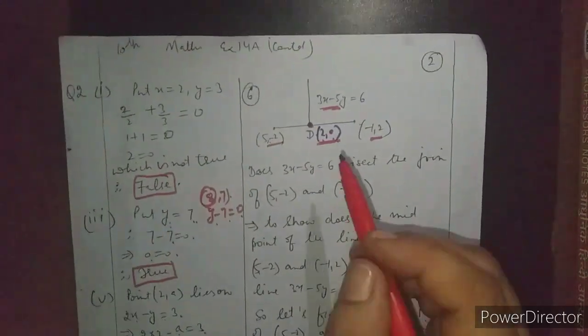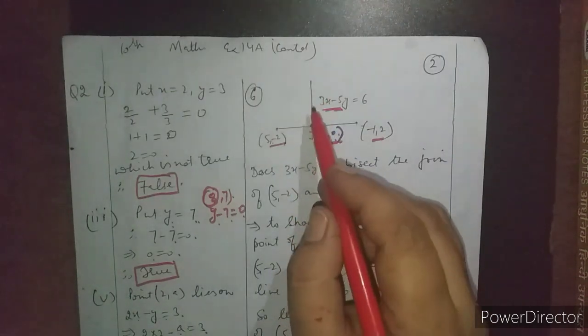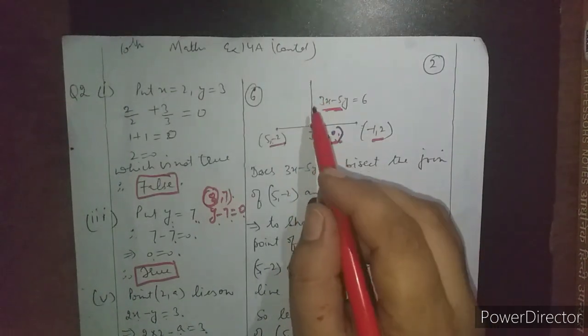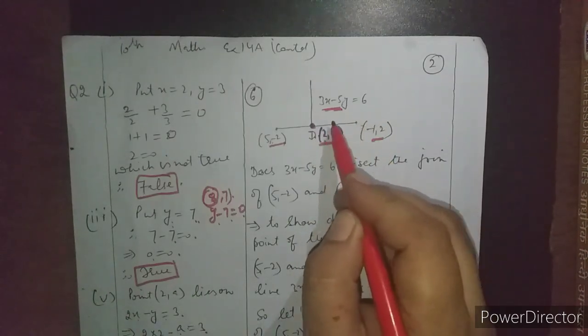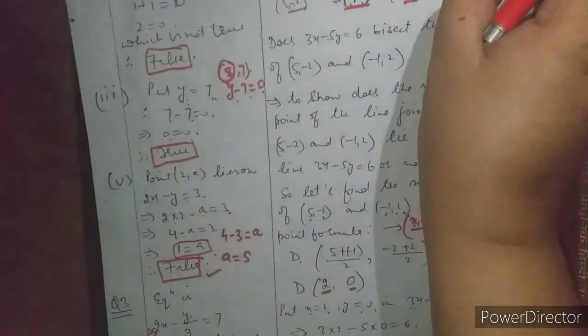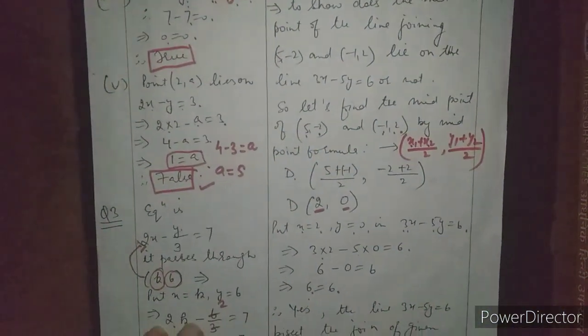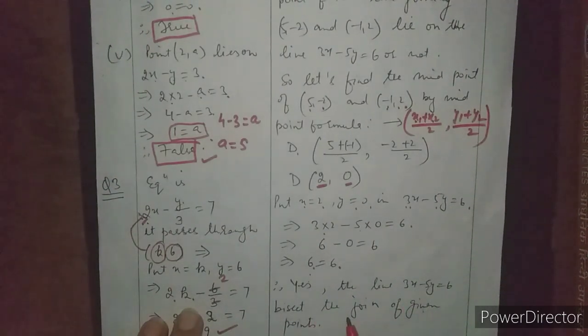It means that the midpoint 2 0 lies on this line, or what does it mean? That the line 3x minus 5y equal to 6 bisects the join of this point and this point. So this is our complete solution, and at the end I have also written, yes, the line 3x minus 5y equal to 6 bisects the join of the given points.